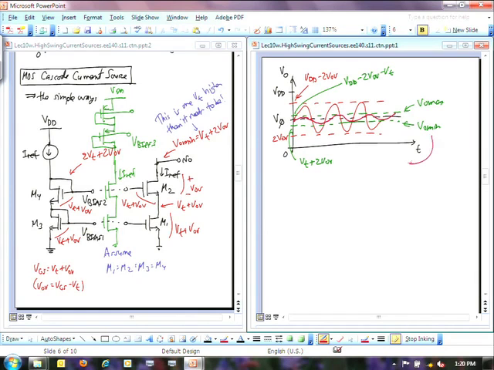So the problem here is the dynamic range shrinks in a big way when I'm using these cascodes versus not using the cascodes. All right, or simply having this simple current source or simple cascode current source.